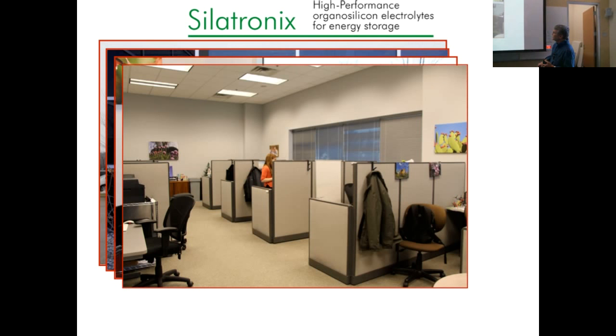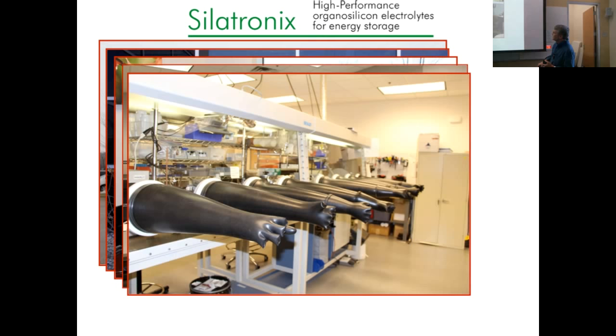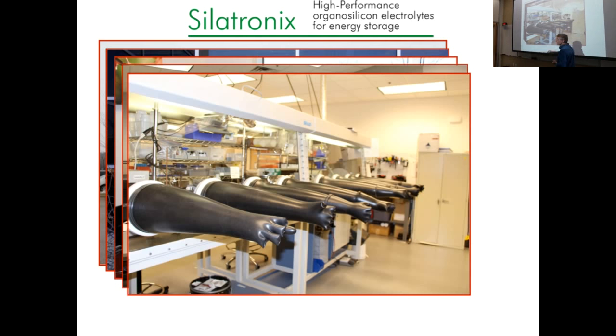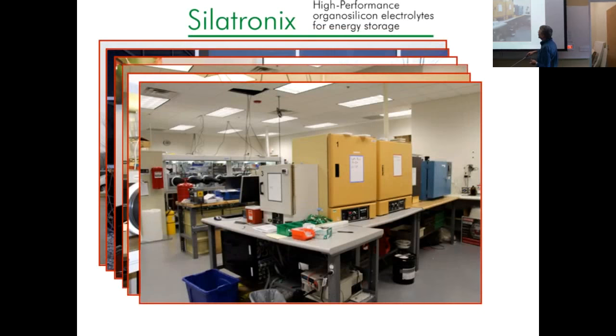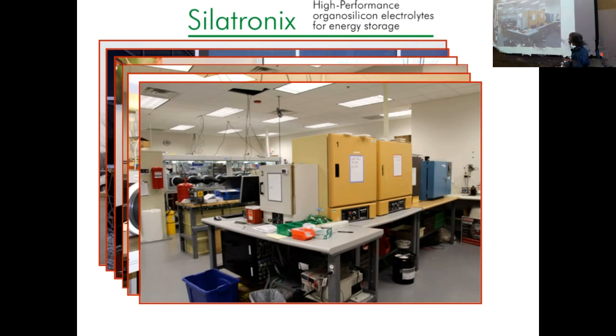If you've ever wondered what a startup company looks like, again, everything has to be done in these glove boxes. We have these banks of glove boxes with gloves sticking out, and people have to work inside of those. People aren't inside. They stick their hands inside. And then a lot of it is temperature-controlled ovens so that we can do electrical testing.